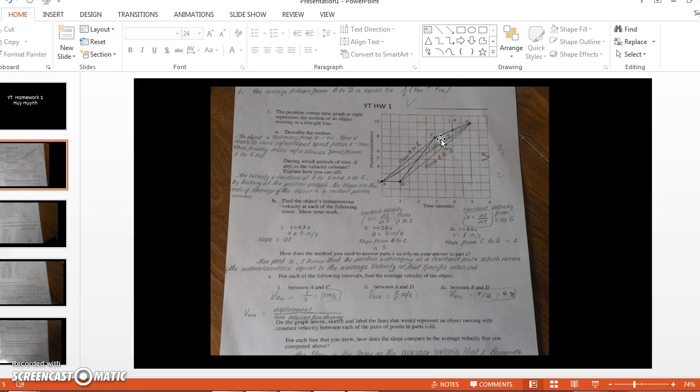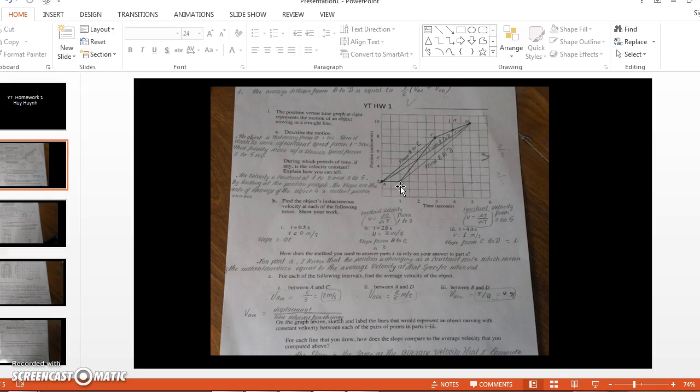So that tells me that the velocity is going to be constant from 1 to 3 and from 3 to 5. From 0 to 1, the slope is 0, therefore you can say that the velocity is constant too, which is 0.